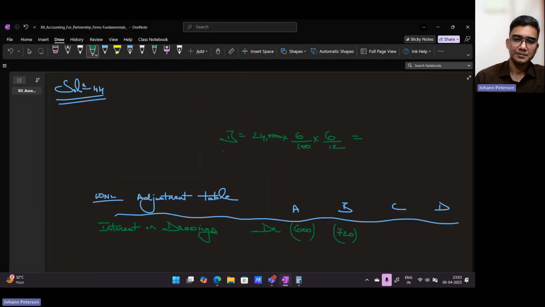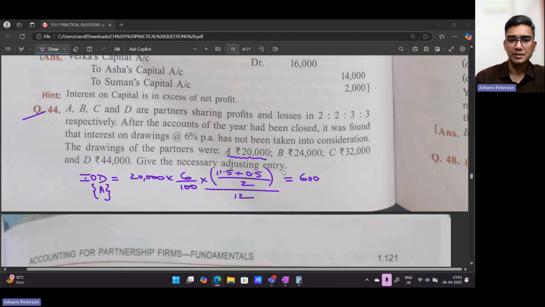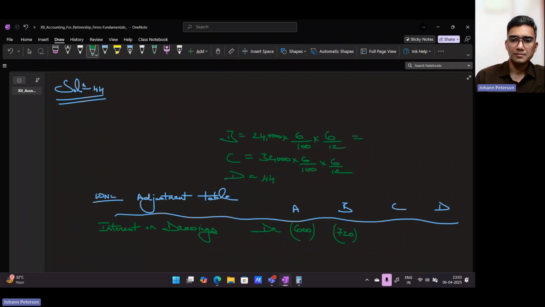So for C, 32,000 into 6 upon 100 into 6 upon 12. And for D, as we saw, it was 44,000 into 6 upon 100 into 6 upon 12.